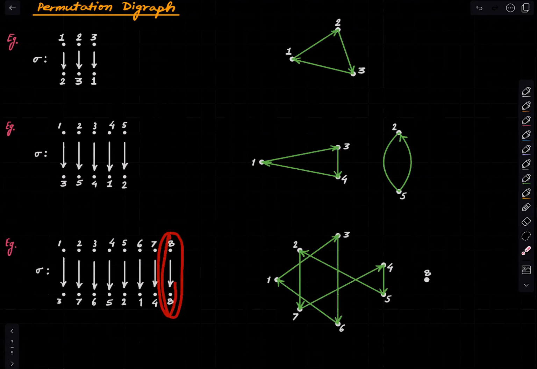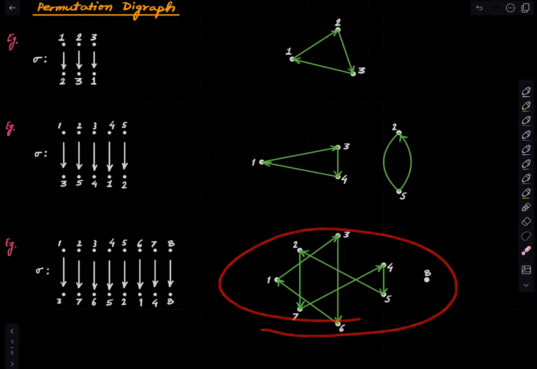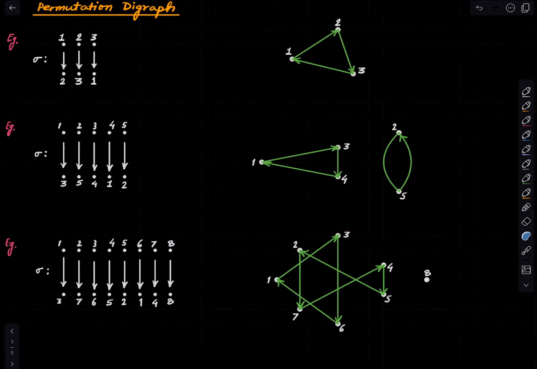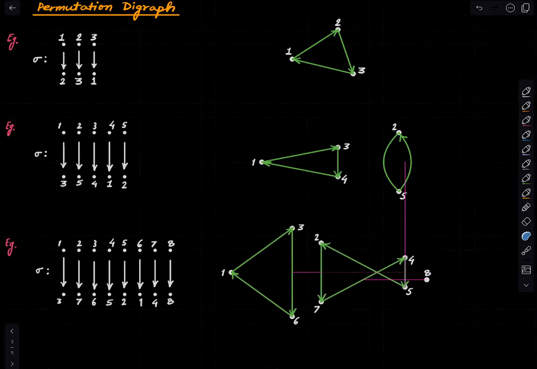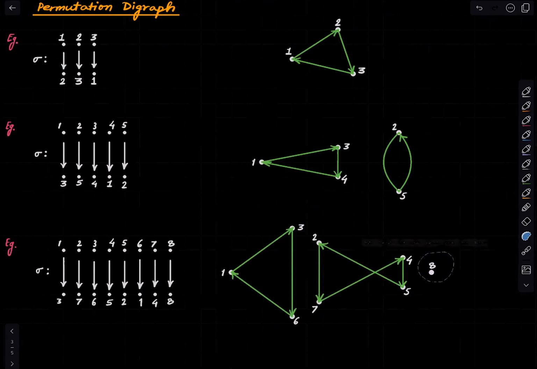You may draw a cycle like that, but it is better to just leave it alone. The points which are fixed, don't do anything to them, just make them lonely. So here also we can separate out and make it look much nicer. Right, so there is this 3 cycle, there is this 4 cycle, and there is this singleton.